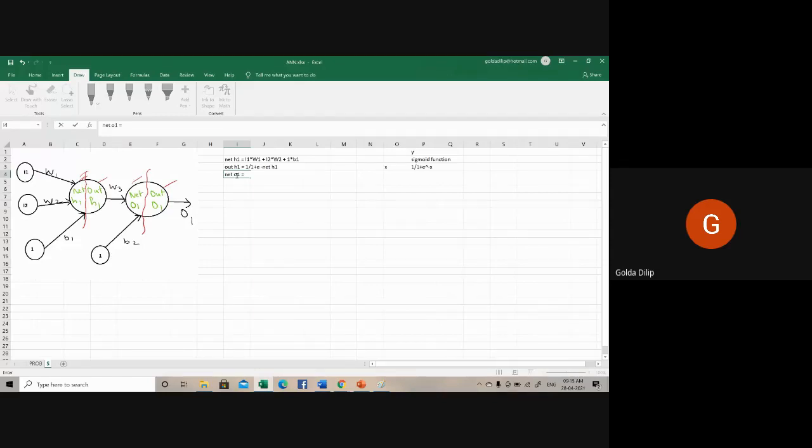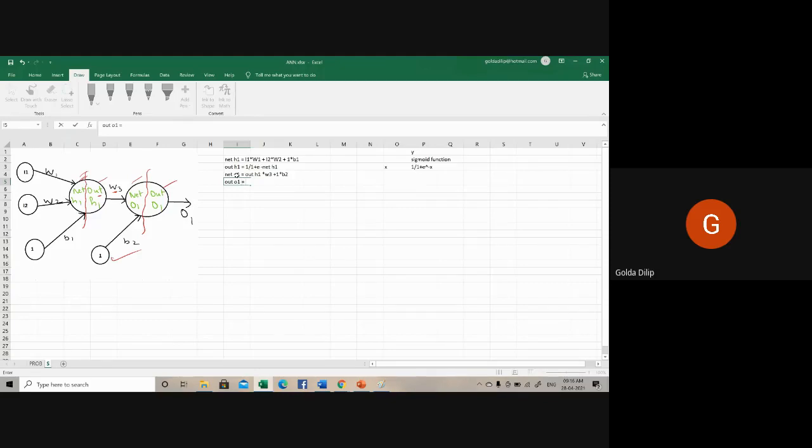It is your out H1 into your weight W3, plus one more thing, 1 into B2, my bias. Then, out H1 is over, now out O1.